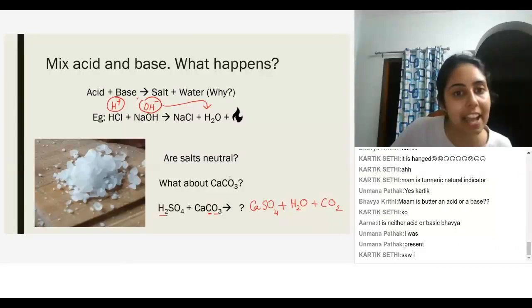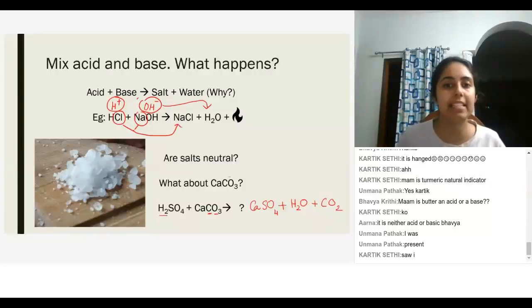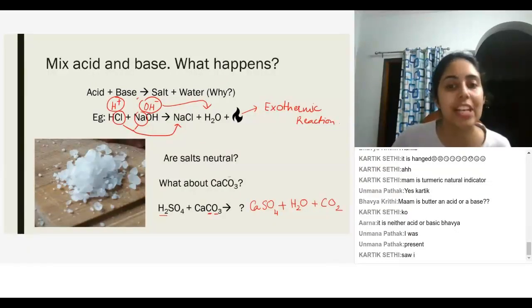And whatever is left, Cl is left, Na is left, combines to form NaCl salt. And when this process happens, some heat is released. Whenever heat is released, this reaction is called an exothermic reaction. Any reaction which releases heat is called an exothermic reaction.